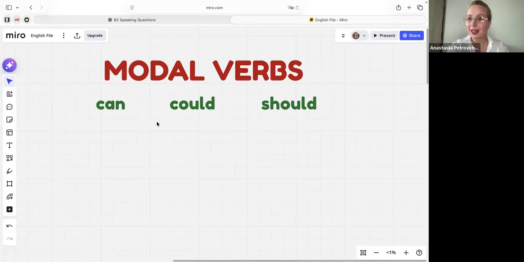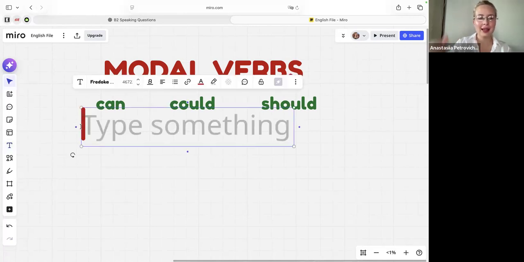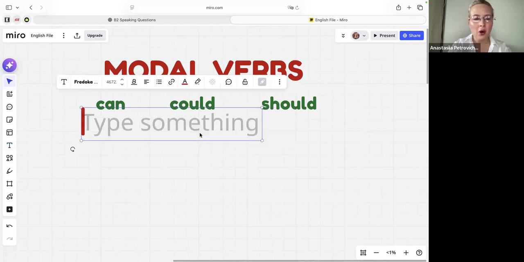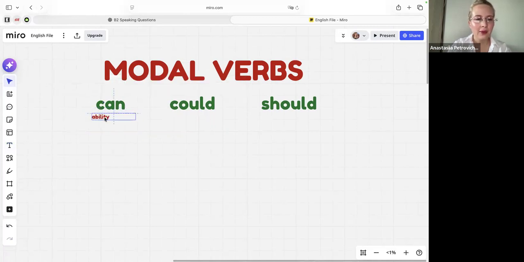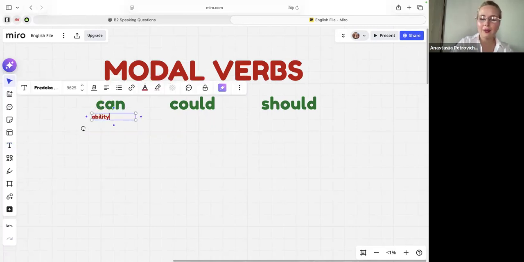So, if we speak about can, it expresses physical ability, or let's say opportunity, to do something. When we can do something, it is very important we use it only in present tense.